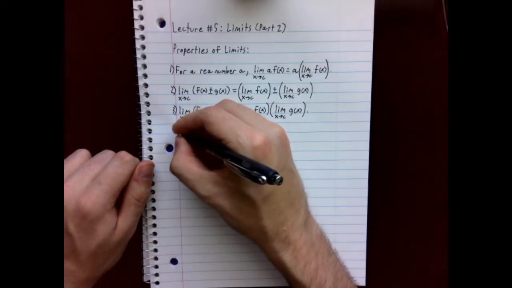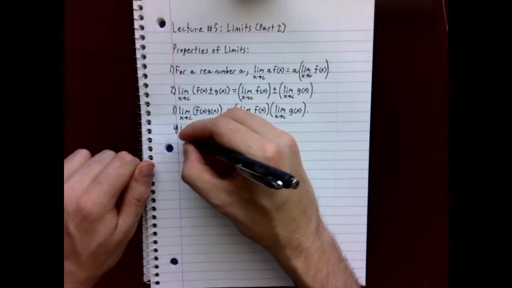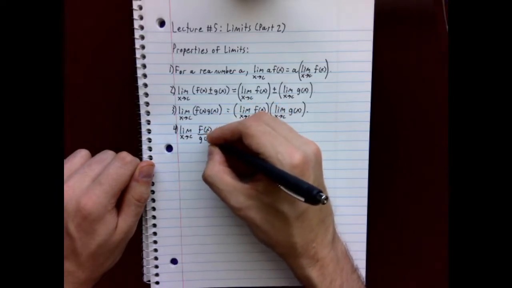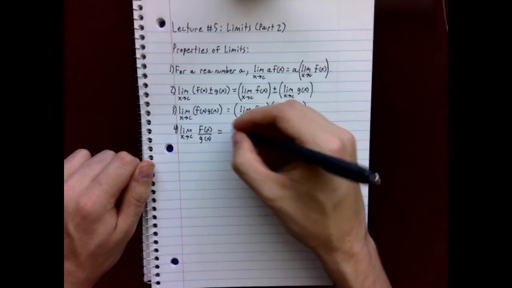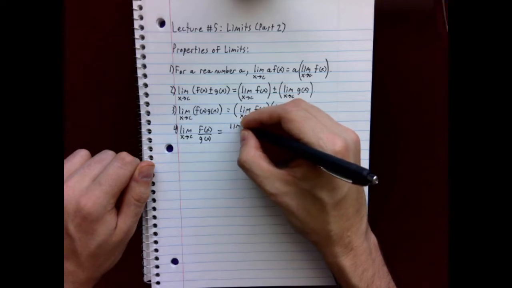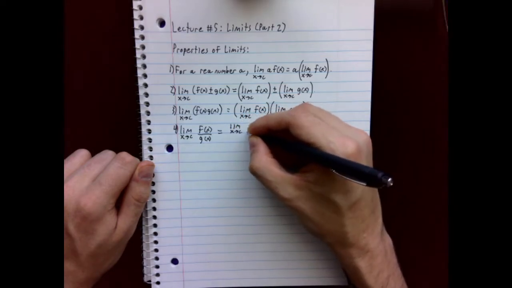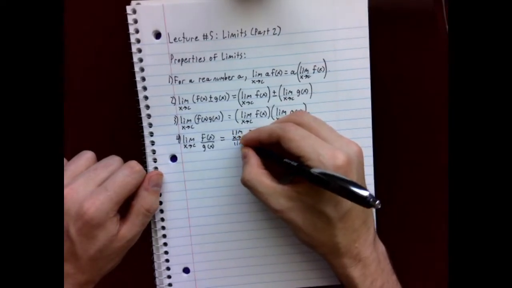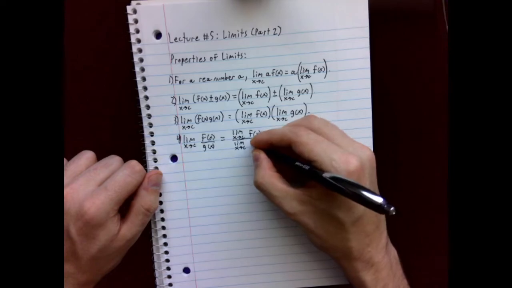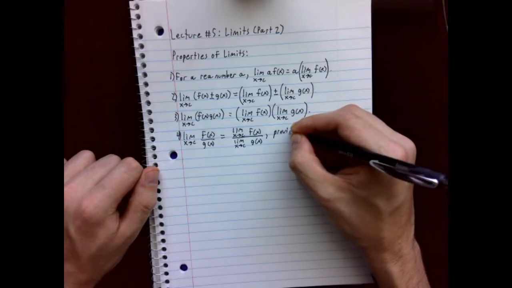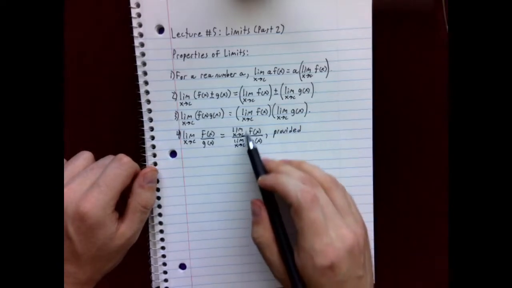Same thing with quotients, though there is one sort of nuance that we need to discuss. So the limit as x approaches c of f of x divided by g of x, this is equal to, and there's no way to concisely write this with multiple lines, so I'll do this as neatly as I can. The limit as x approaches c of f of x divided by the limit as x approaches c of g of x, provided that, well, what's the thing that we need to clarify here?